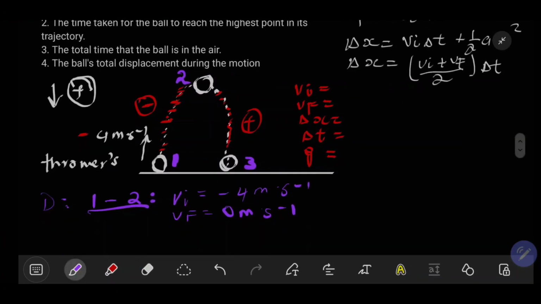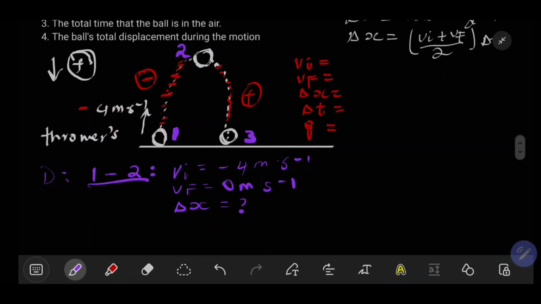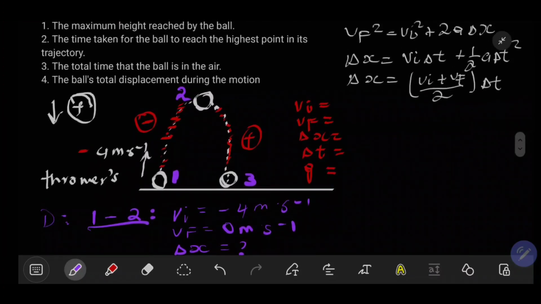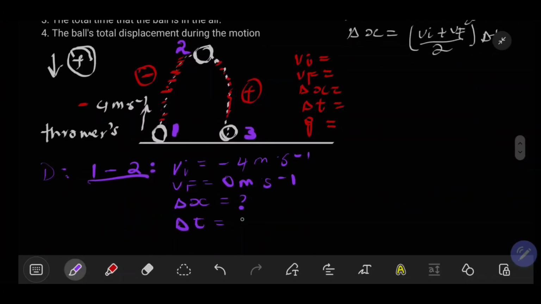All right, so we are looking for the change in x, the displacement of this ball. The maximum height reached by the ball is the one that we are looking for. Then when we talk of change in time, we don't have the time from the statement, how long it took the ball to reach the maximum height.